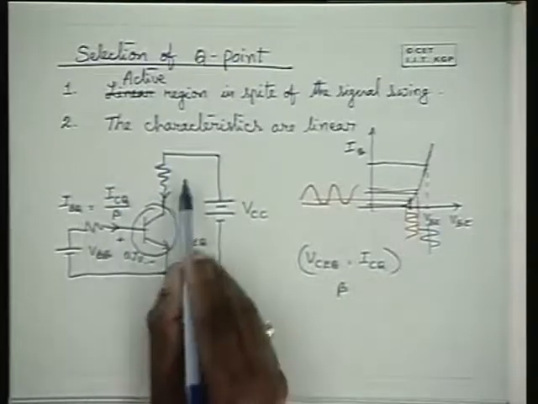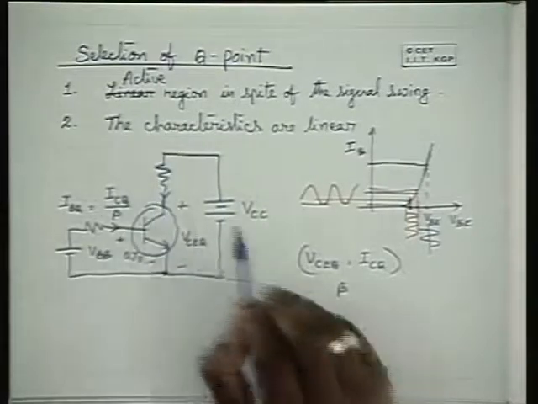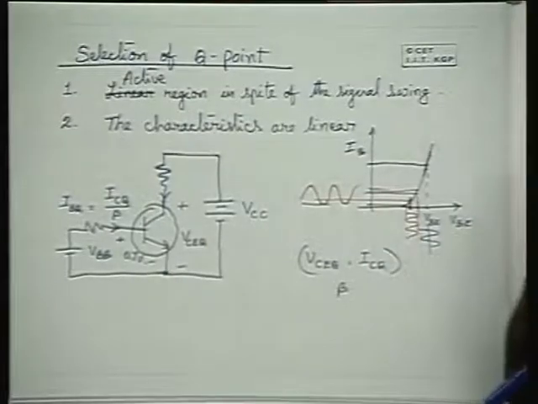Now, what kind of arrangement? Is it that you go for 2 voltage sources and 2 resistances and provide this quiescent point, or can it be done with 1 voltage source, in which case what is the circuit, is the question.